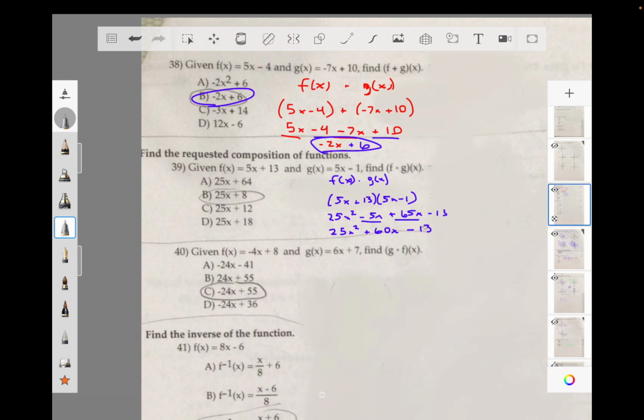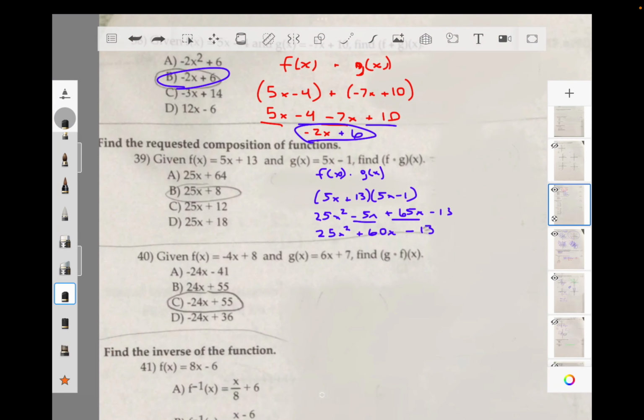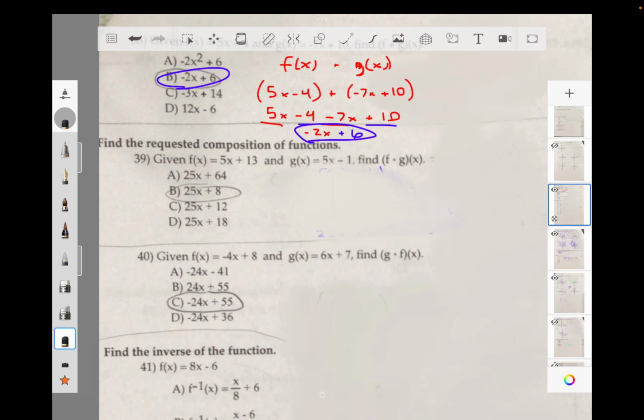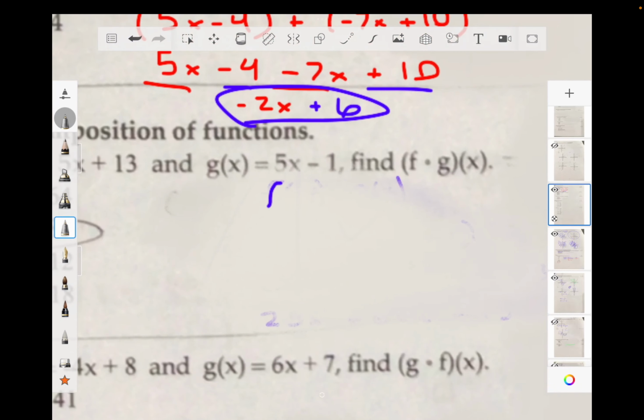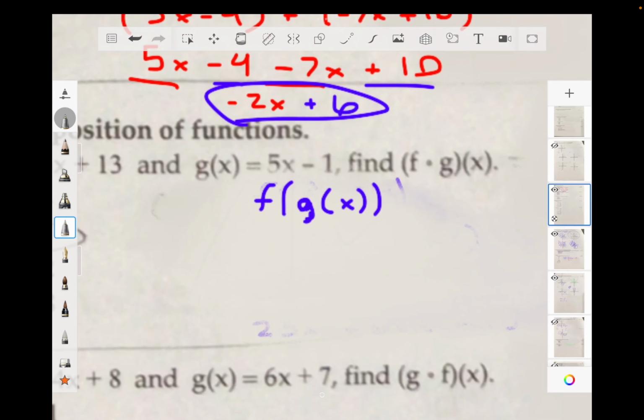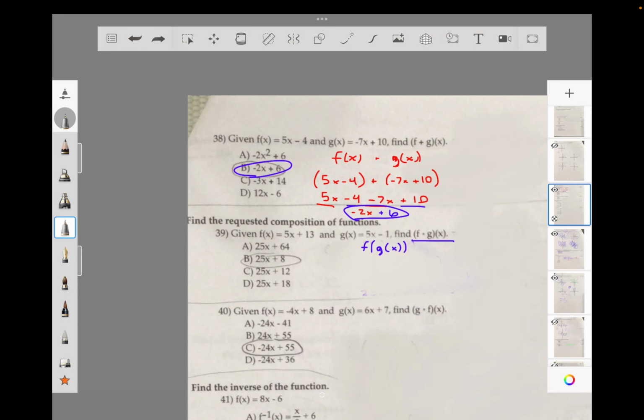Oh, okay, I see. Who writes it like this? Oh, oops. Okay. I wrote the wrong thing. They want f of g of x. I don't know why they write it like this or like this. I don't like that, but whatever.